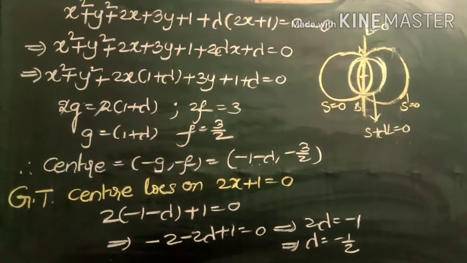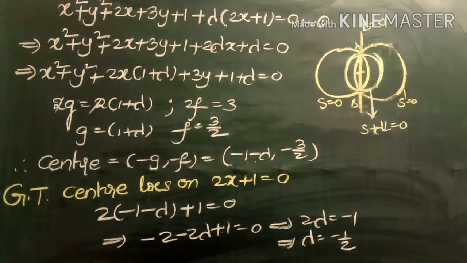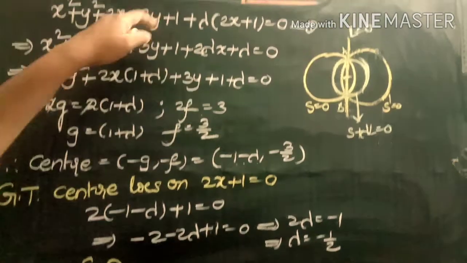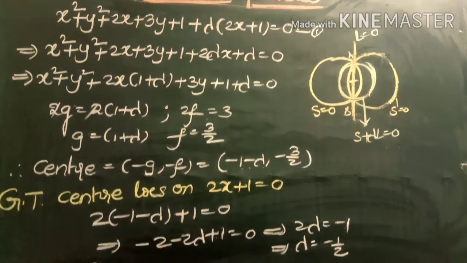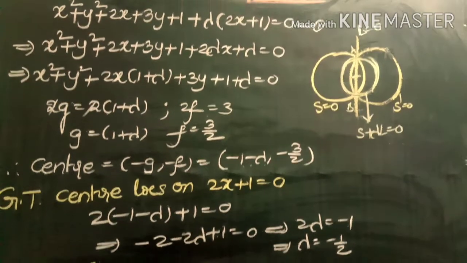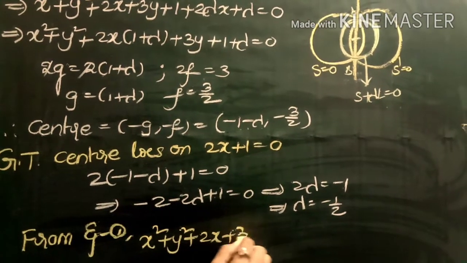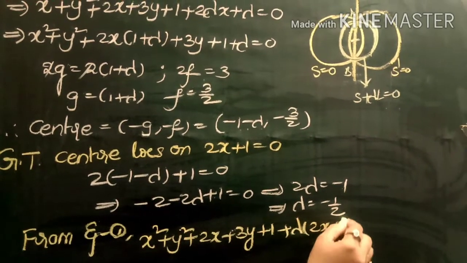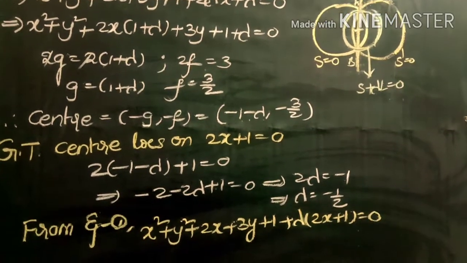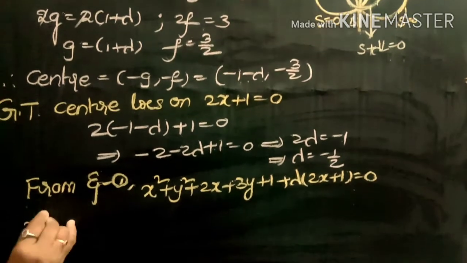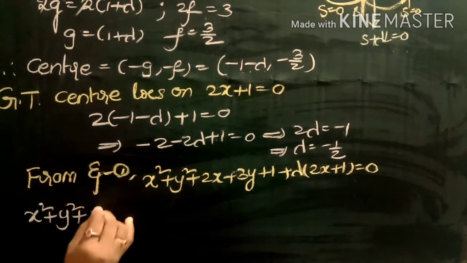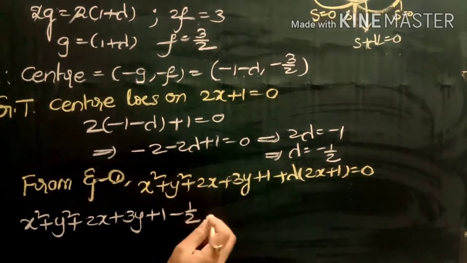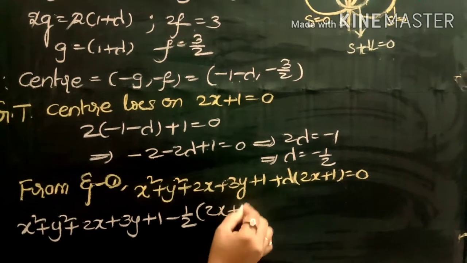Now, to get the required answer, we replace lambda equal to minus 1 by 2 in the first equation. From equation 1 we have x square plus y square plus 2x plus 3y plus 1 plus lambda into 2x plus 1 equal to 0. Replacing lambda equal to minus 1 by 2: x square plus y square plus 2x plus 3y plus 1, minus 1 by 2 into 2x plus 1, equals 0.